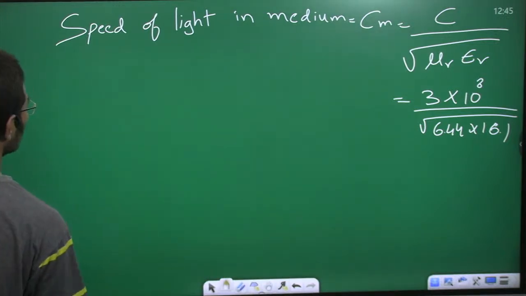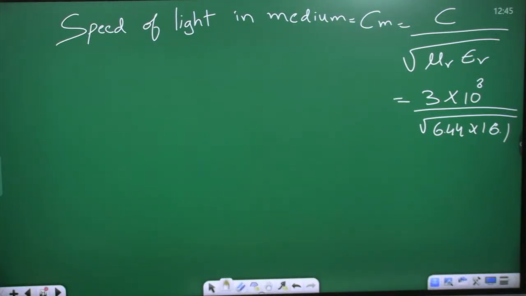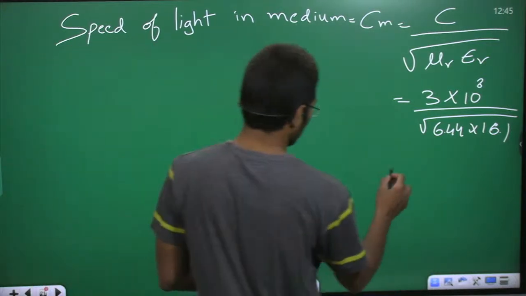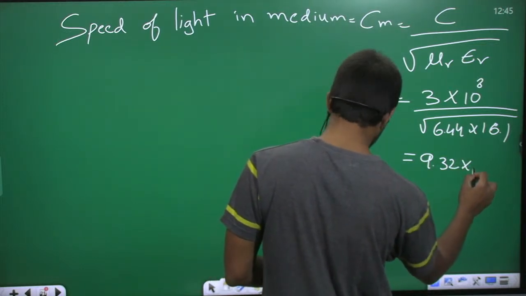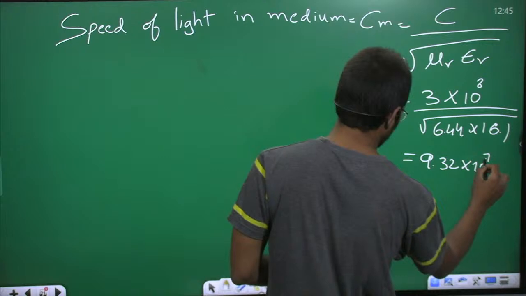We got the speed of light in the medium, which is about 9.32 into 10 power 7 meters per second.